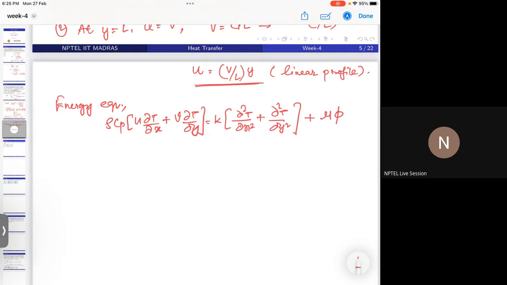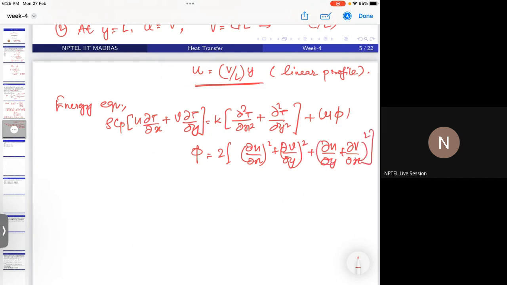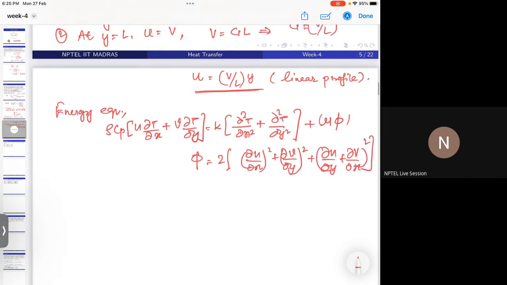So this mu phi is the viscous dissipation term, where phi is equal to 2 times dou u by dou x the whole square plus dou v by dou y the whole square, plus dou u by dou y plus dou v by dou x the whole square.